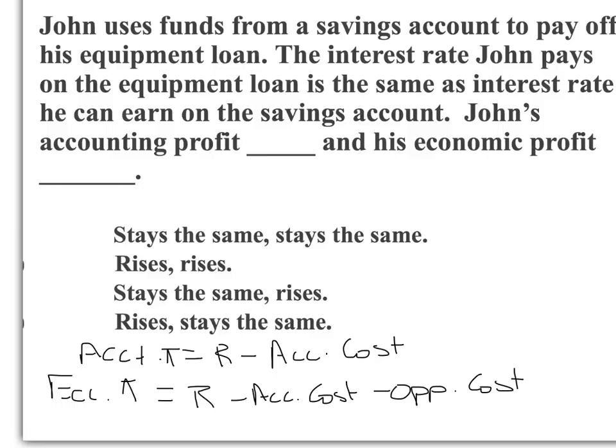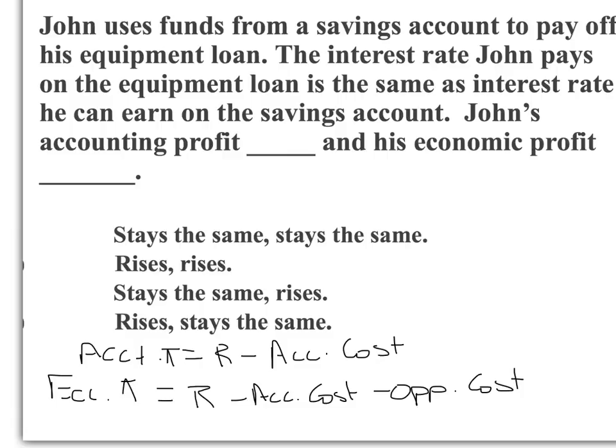So just say that John uses funds from the savings account to pay off his equipment loan. So remember that the interest he collects on the savings account will be an opportunity cost for him. He will reduce the cost of production because he's paying off the loan, but he's also incurring some opportunity costs.